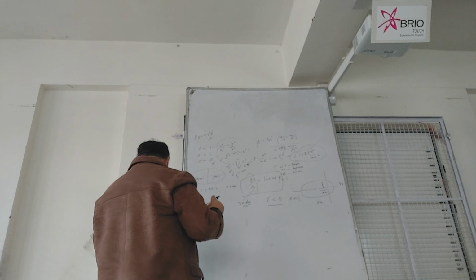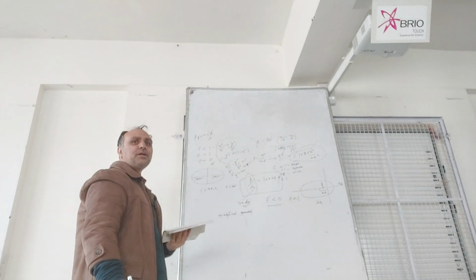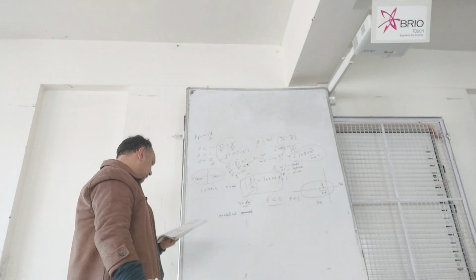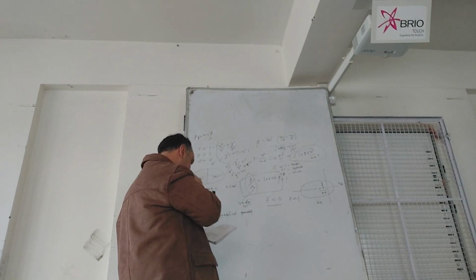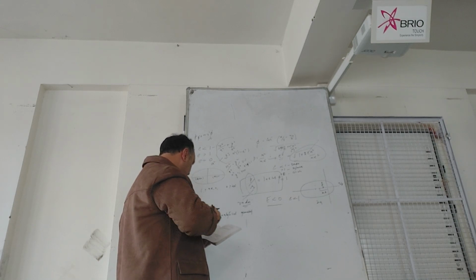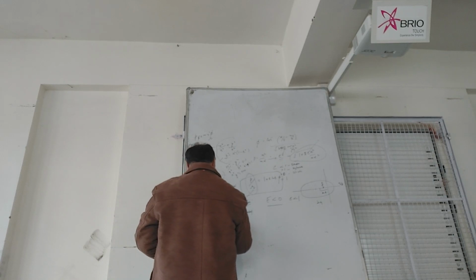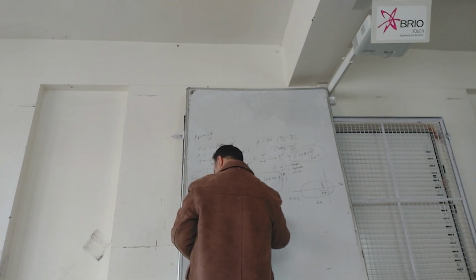According to the formula from analytical geometry, which I said yesterday also, the value of A will be P by 1 minus E square, which will be alpha by 2E.